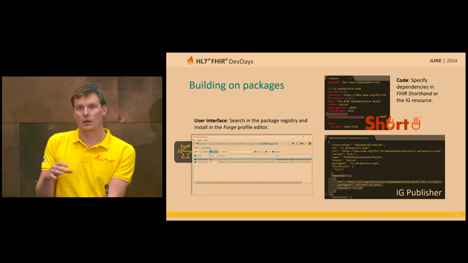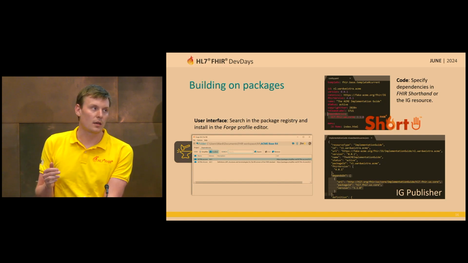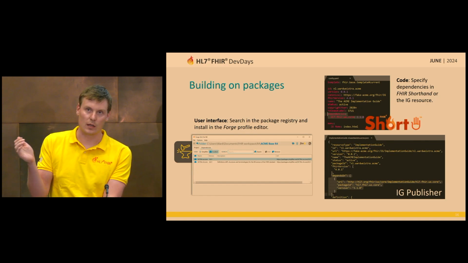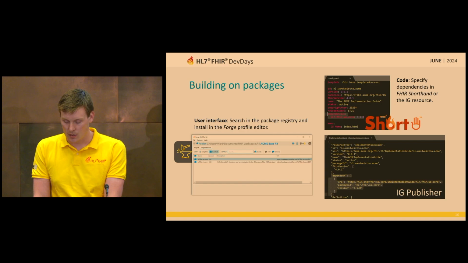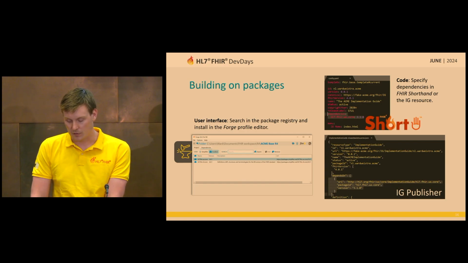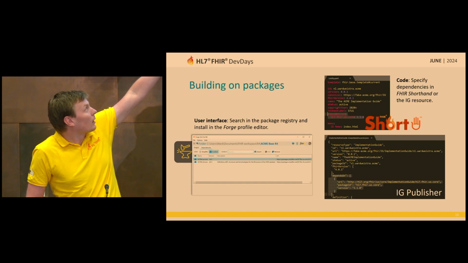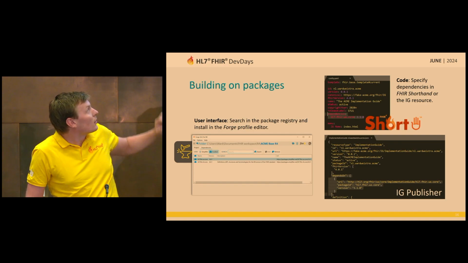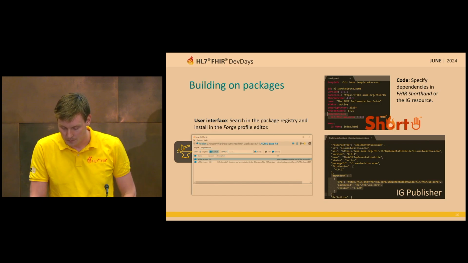Inside of the tool, it will be able to add that specific package, and it will install it the same way like all the other tooling do. So they will download those locally, and you can build on top of them. And the same thing goes for IG Publisher and FHIR Shorthand. In FHIR Shorthand, you have a dependency element on top, and you can say, hey, these are my dependencies, and in the background, it will install those packages for you.